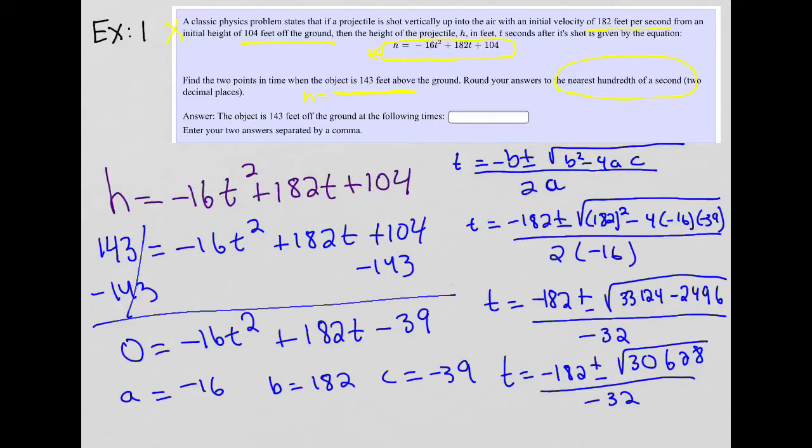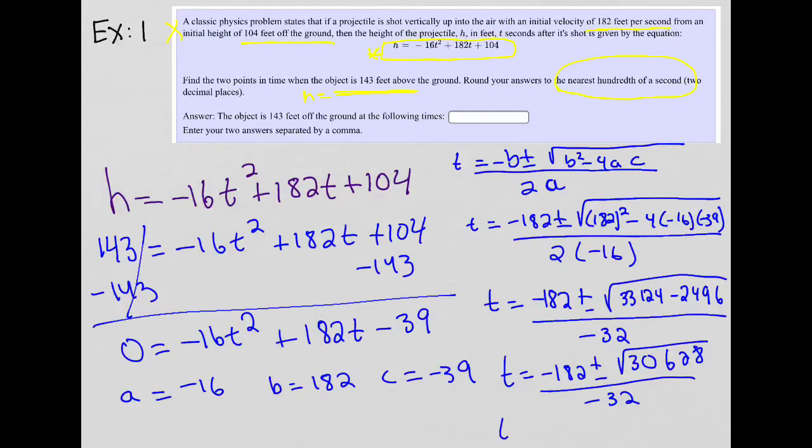Let's see. So what is the square root of 30,628? That gives me a big number.